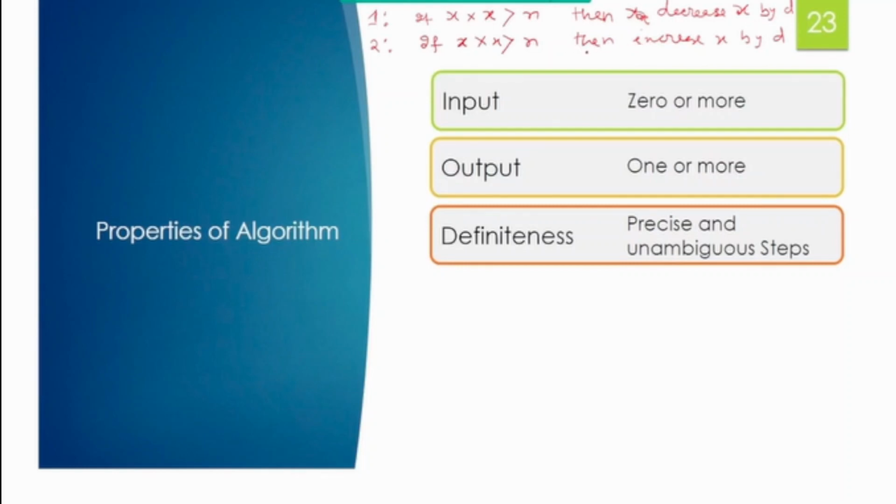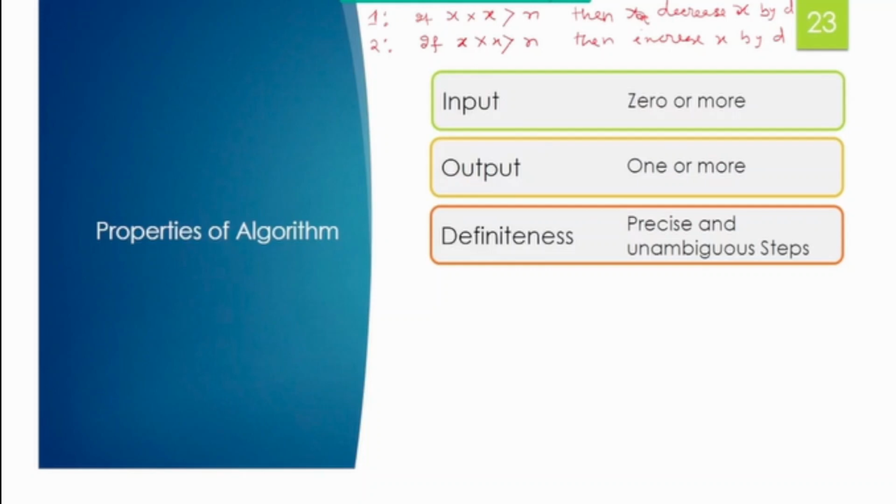So these are ambiguous steps. They are opposite in nature. The same condition, and you need to do 2 different things. So which one is correct? Those kinds of steps are known as ambiguous steps. There should not be this kind of steps one after another, because it will create ambiguity for the algorithm.